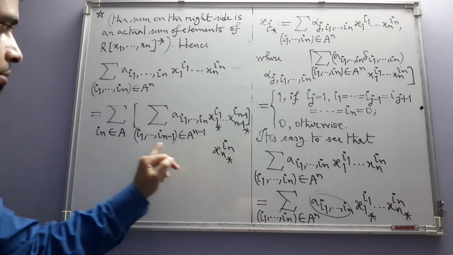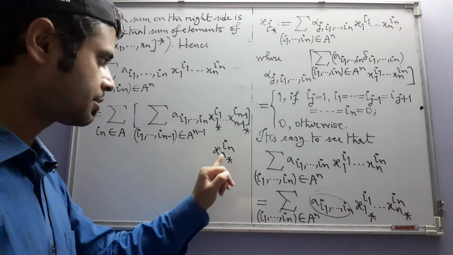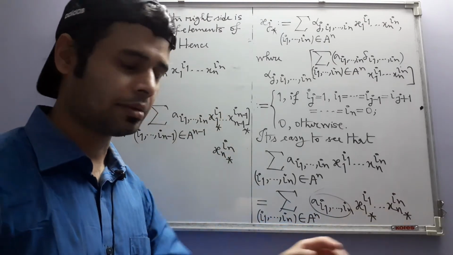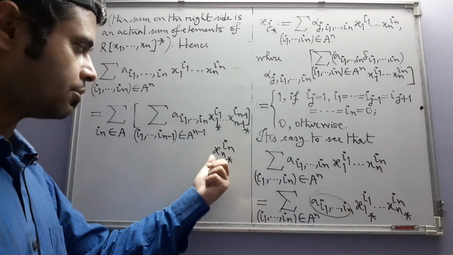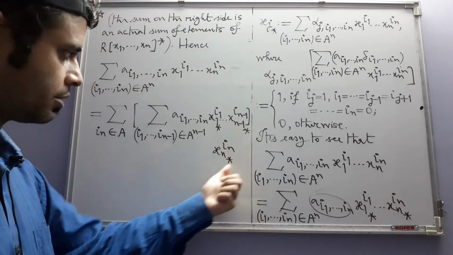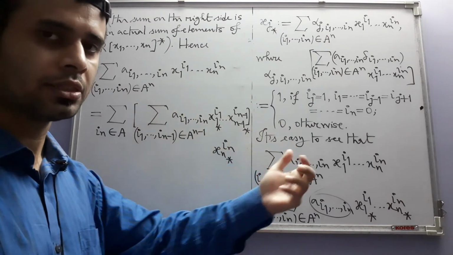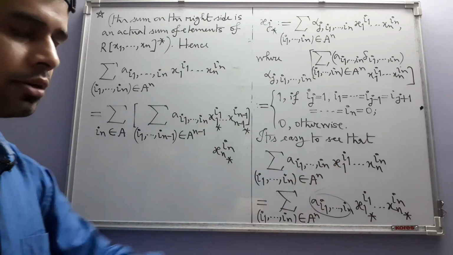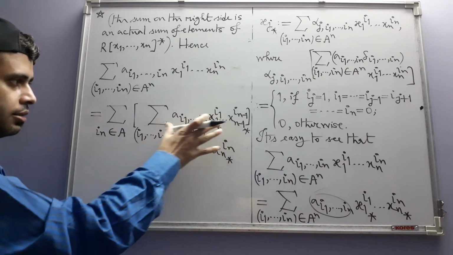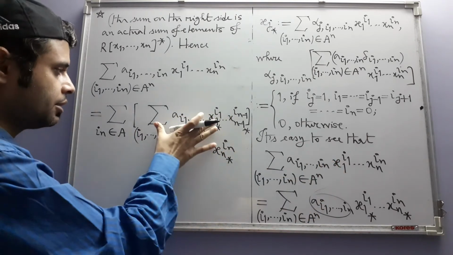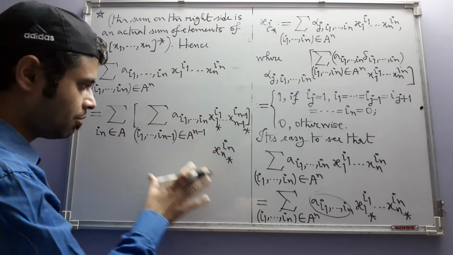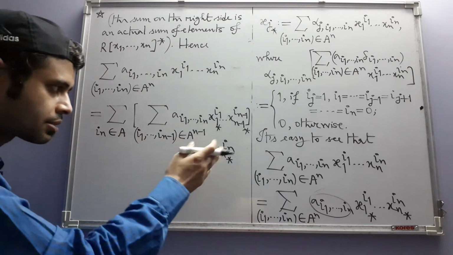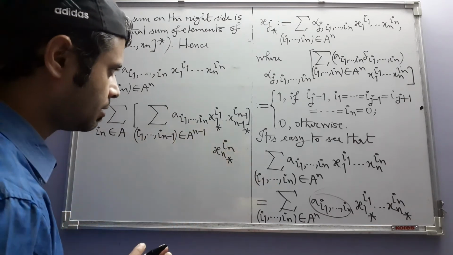So what we can do, we can take xn star to the power in common out from those values that are the same in the terms. In some terms it will be the same, so we take those things common out and write whatever is left inside, and that gives us one term. So the entire sum can be written as a sum of a finite number of such terms.